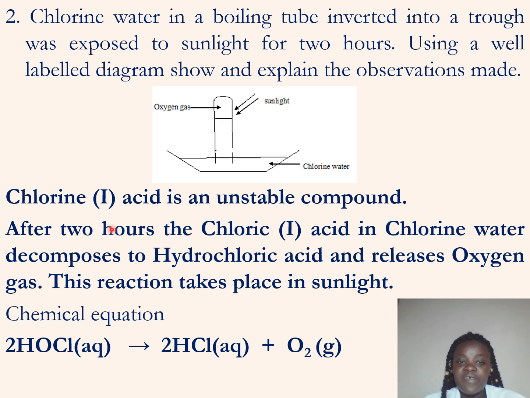That is why we are leaving it under the sun for 2 hours to allow the decomposition of hypochlorous acid to give hydrochloric acid and oxygen gas. So that is why we can see that in our gas jar, now we are going to have oxygen gas. It is a colorless gas.